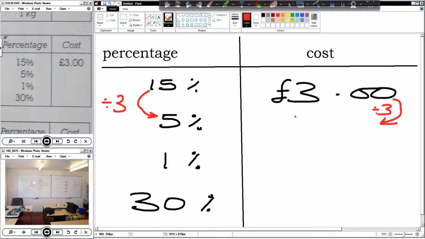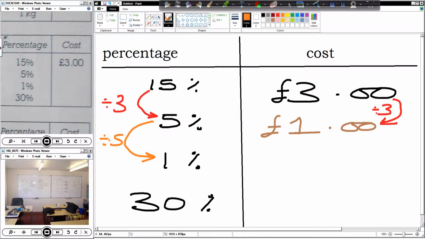So £3 divided by 3 will give us... Okay, lovely. Now I want to get to 1%. Can we go from 5 to 1 now? Does that make sense? In this question it does. You don't need to start back at 15, because it's easy to go from 5 to 1. So what do we do now, Ruqayya? Divided by 5.